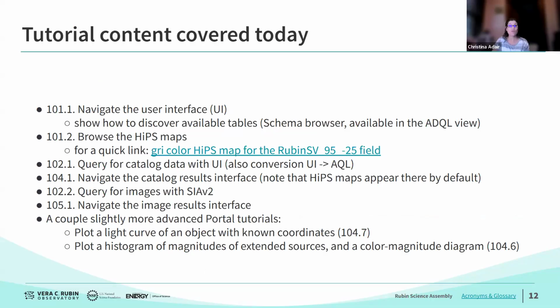All right, so these are the tutorials that we're planning on covering today. I'm going to put the list into the chat in case you would like a quick reference for that. I'm going to switch over to the Rubin Science Platform.